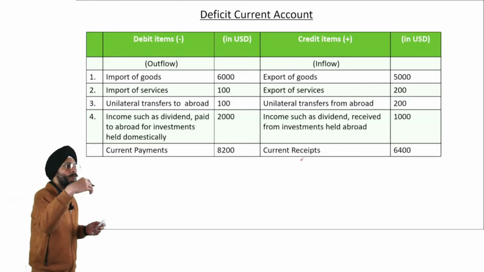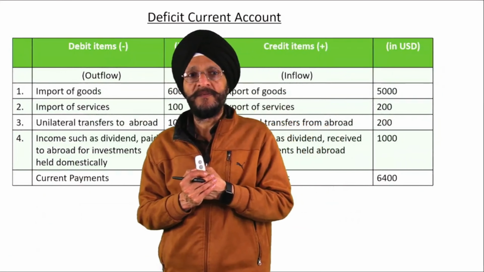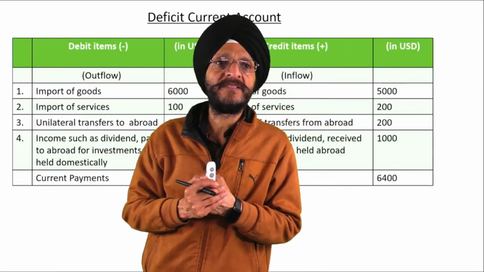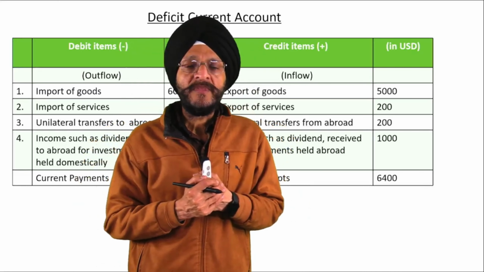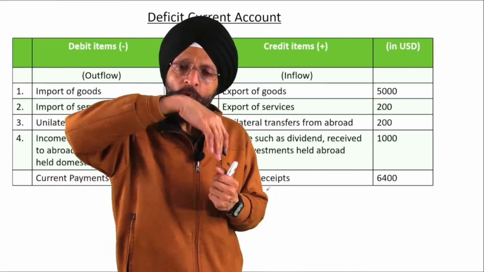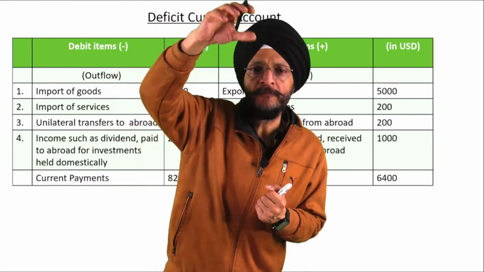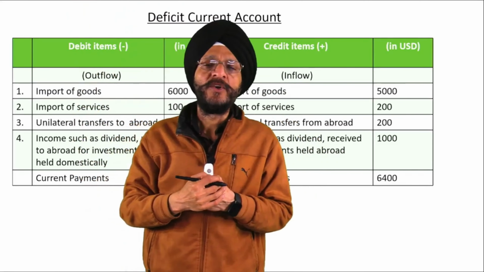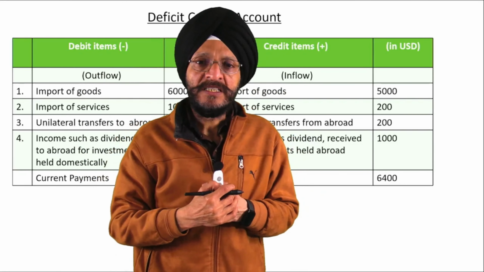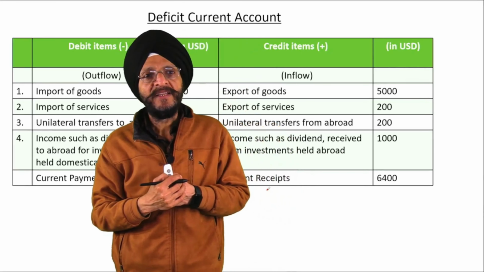Now we come to another point, deficit current account. What it means? It means that the outflow of foreign exchange is more, whereas we are receiving less foreign exchange due to exports and imports, unilateral transfers, and income.